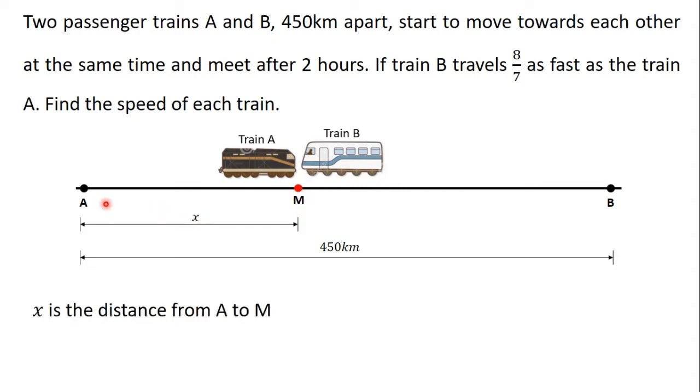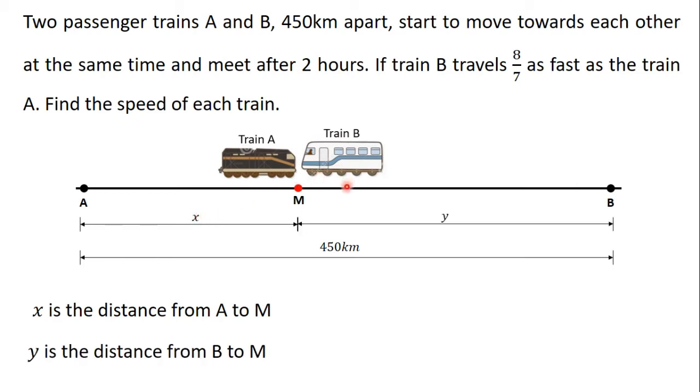Let's call the distance between point A and point M, that is the distance traveled by train A after 2 hours, X. And the distance between point M and point B, that is the distance traveled by train B after 2 hours, let's call that distance Y. From the diagram, we can clearly see that X plus Y will give us 450 kilometers.